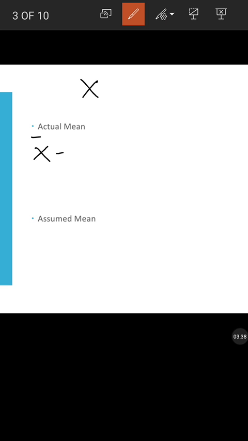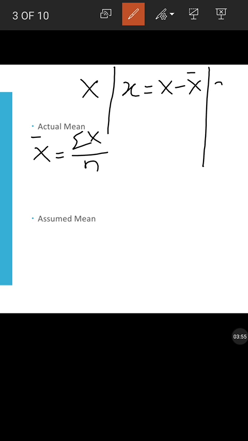So what is x bar? X bar is equal to summation x by n. Then we calculate small x. How? Small x is equal to x minus x bar. Then we have to calculate x square.